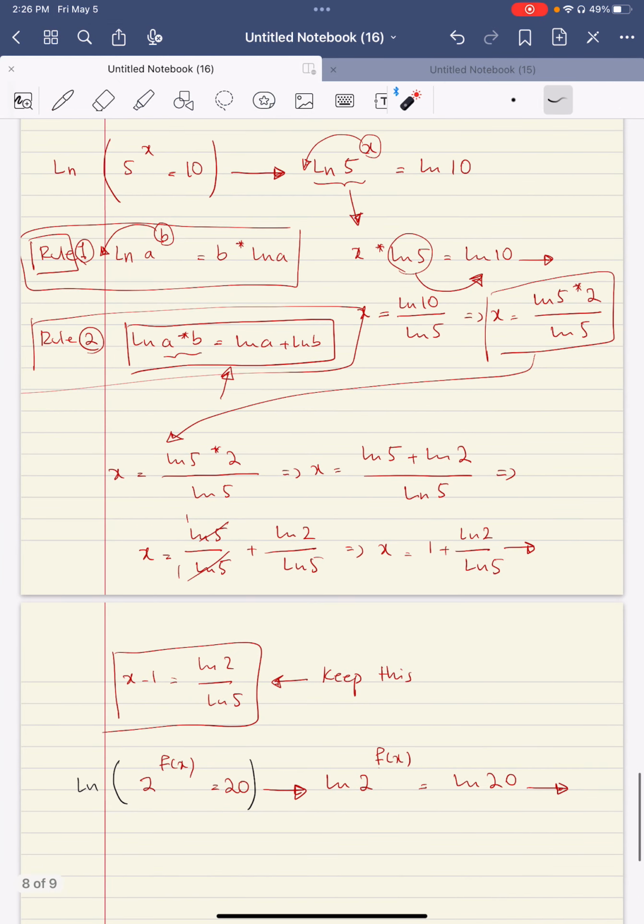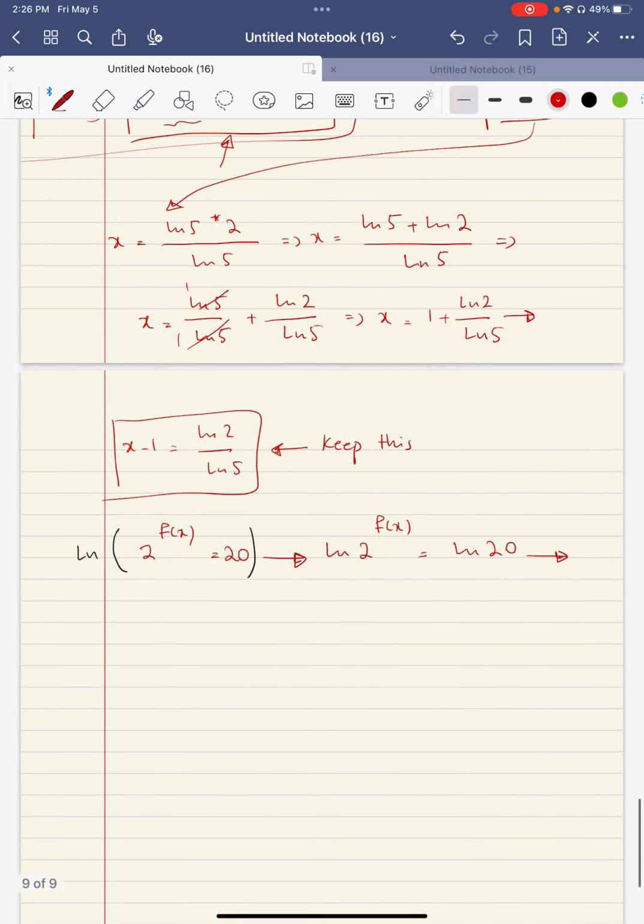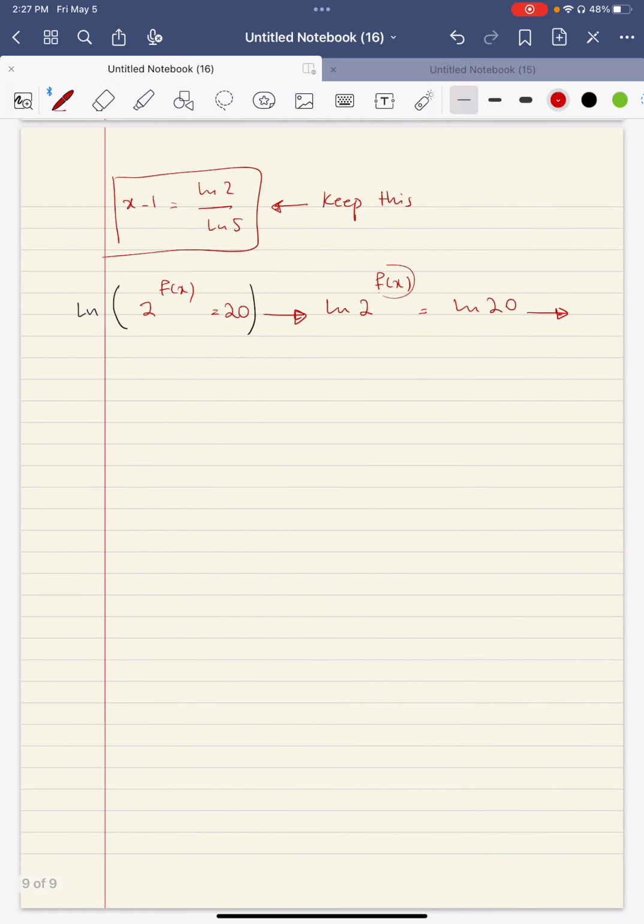Then, based on this rule, the power can be written here. So the f(x) moves to here. f(x) times ln 2 equals ln 20, right? So I will move the ln 2 to the right side.